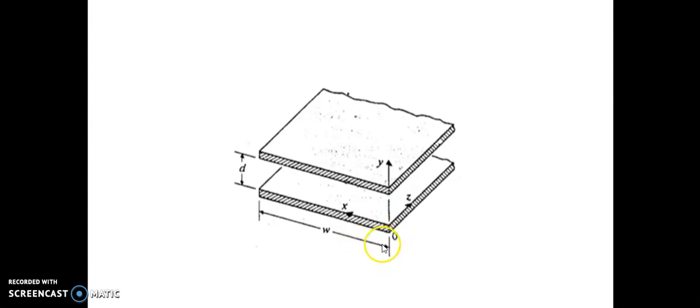So, at the boundary y equal to 0, E1 tangential and H1 normal are zeros. The tangential components are tangential to the conducting plate or interface. The interface is along the xz plane.